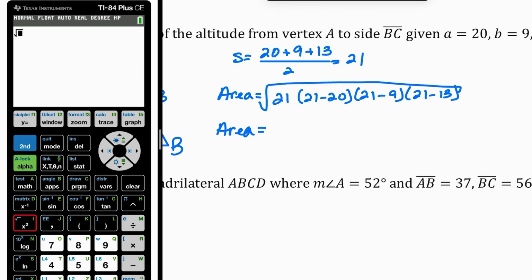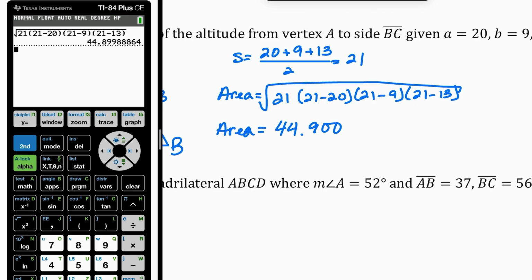So square root of 21 times 21 minus 20, and then this one, and then this last one. I end up finding out this is 44.8998, so rounding up, about 44.900.